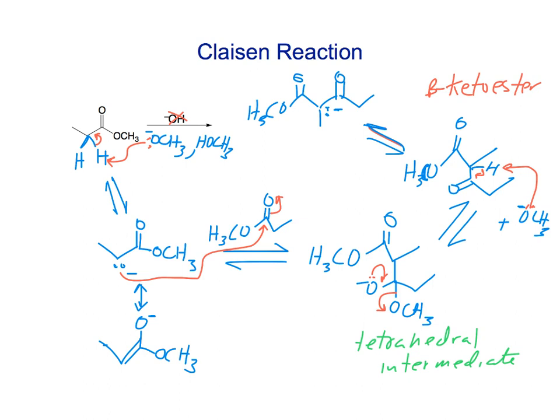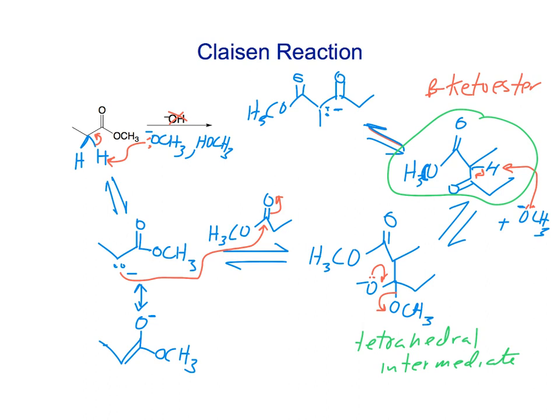So we'll say we want to keep the beta keto ester, so we just move into acidic conditions. Good question. The reaction is going to go all the way to the final enolate that I showed.